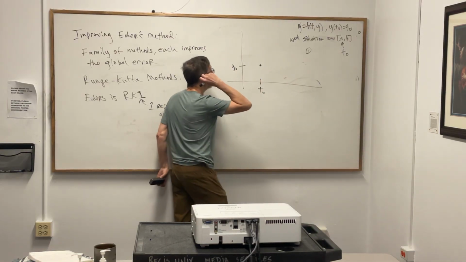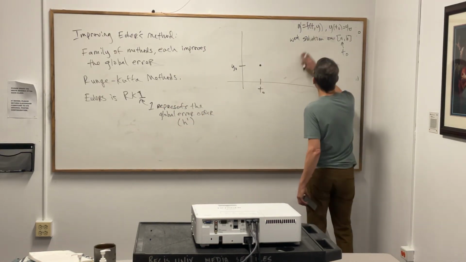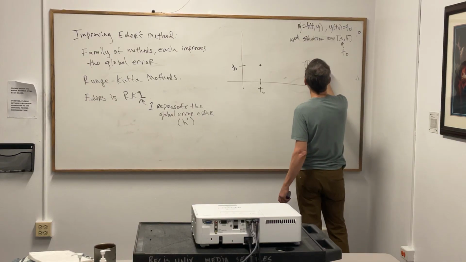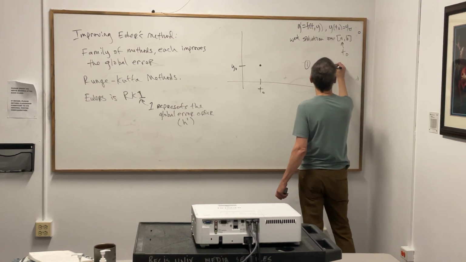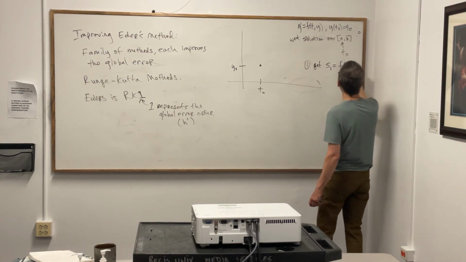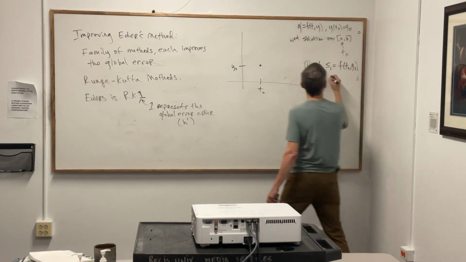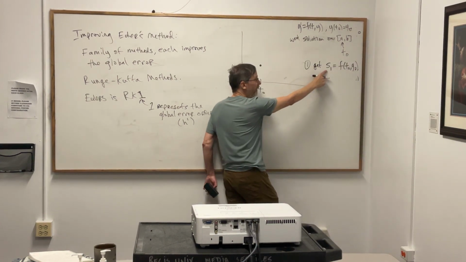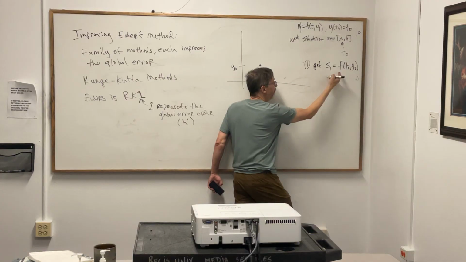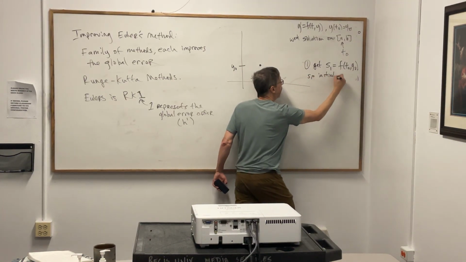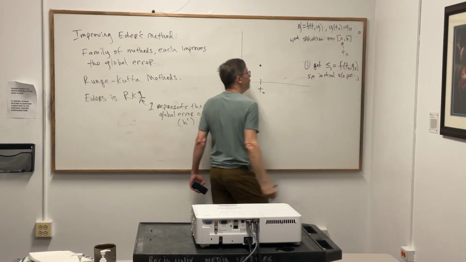So how does this work? Well, start off with step 1, get S1, which is your initial slope estimate. And this S stands for slope. So this is just like Euler's, initial slope. S1 equals initial slope.